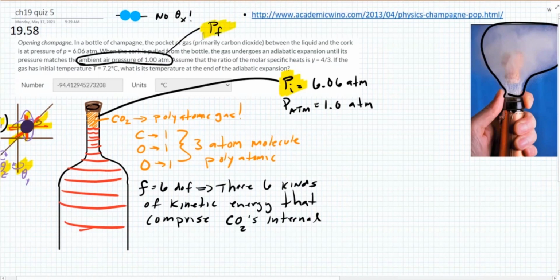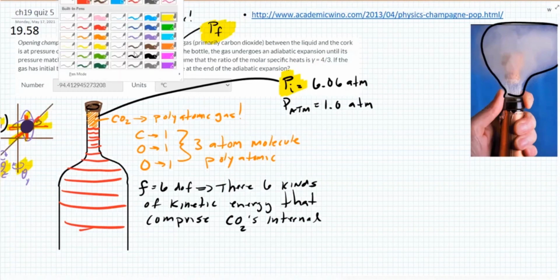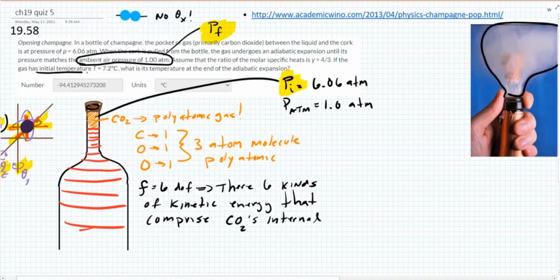I end up at standard atmospheric pressure because the cork has been popped off the bottle. Assume that the ratio of the molar specific heats is gamma equals 4/3. We'll talk about that. We know the initial pressure of the gas right here. We are given a ton of stuff. This is T initial. What is the temperature at the end of the adiabatic expansion?